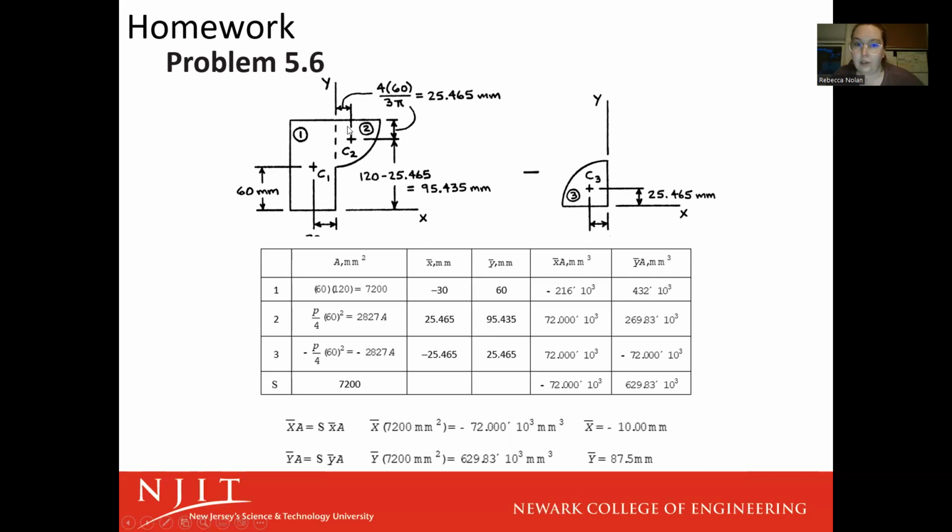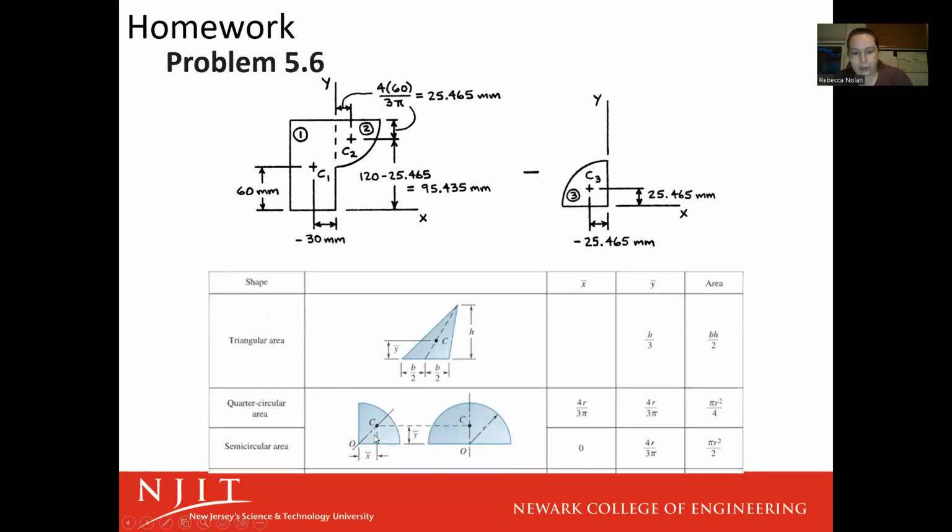Note that for 2, the edge that we were working from is at the top versus the bottom. So what I would do is, if we know this is a height of 120, I would do 120 minus 4r over 3 pi, right? Which ends up being 25.4, that value does. So the 120 minus it ends up being around 95.